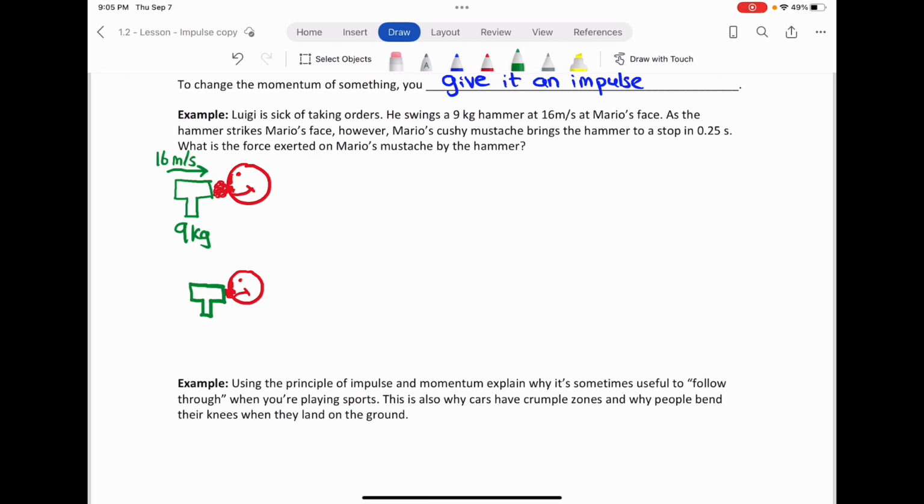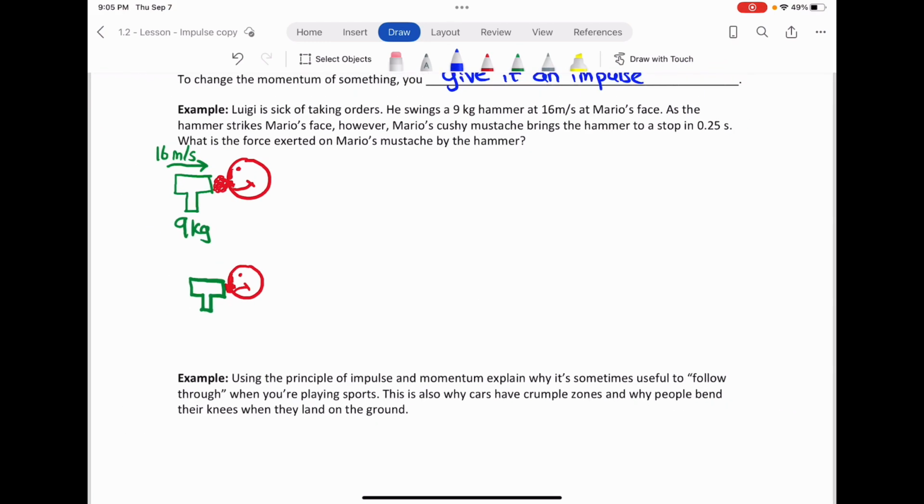So let's then see what our new formula, the principle of impulse and momentum, can tell us about this problem. Let's plug in some things we know. I think we know what delta t is. That's my 0.25 seconds, how long the force acts for.